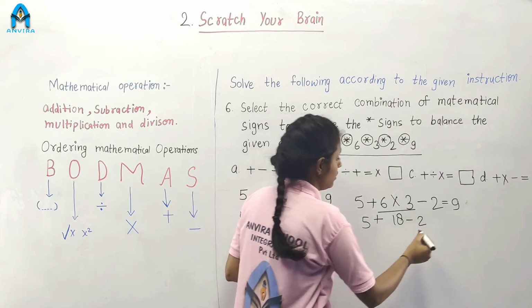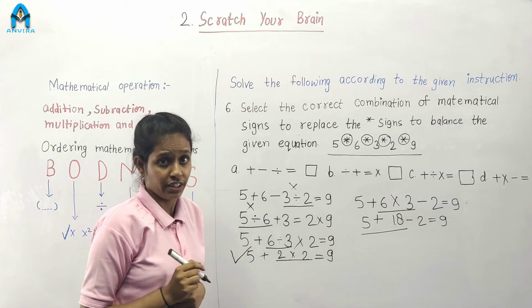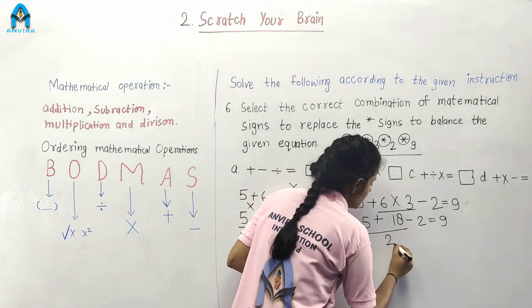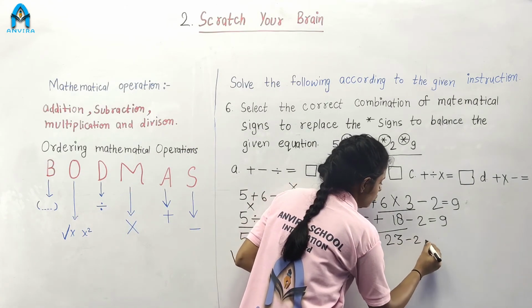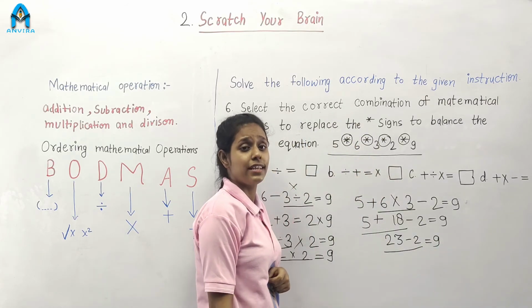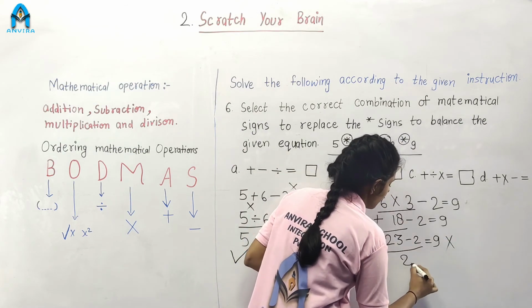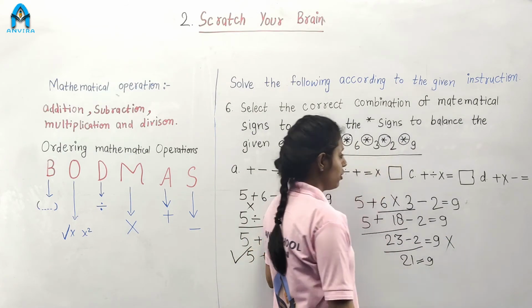First, addition. 18 plus 5 is 23, minus 2. 23 minus 2 is equal to 21. So, this is not our correct option.